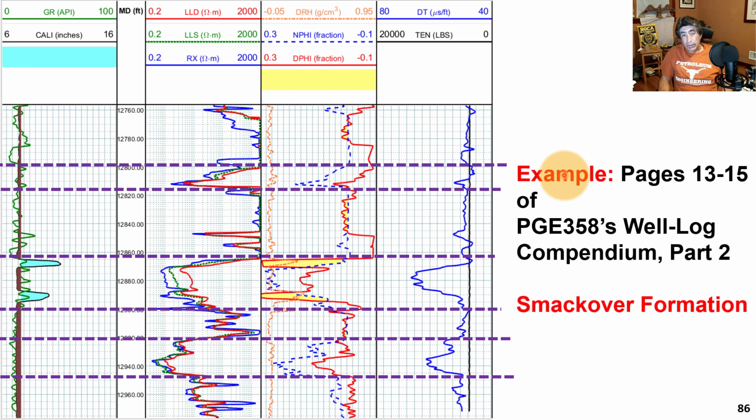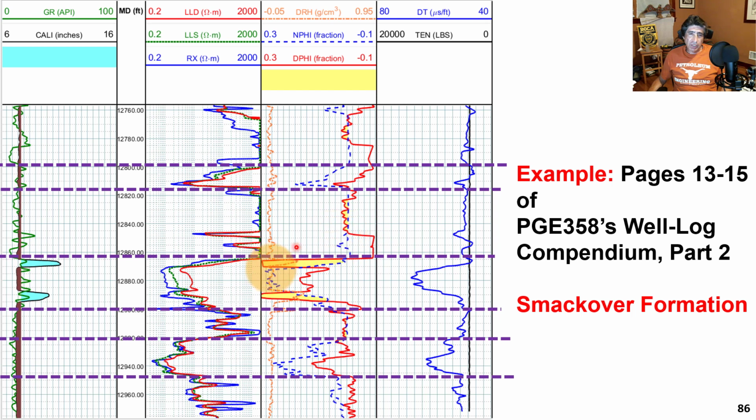Before we go there, just so that we put this in proper context, in part one of the trilogy, I talked about this example, which is on pages 13 to 15 of the compendium part 2.